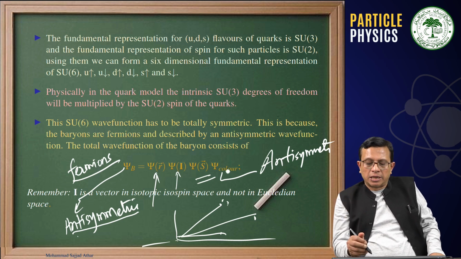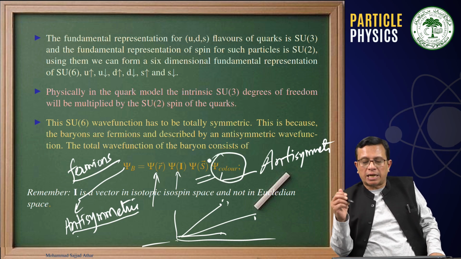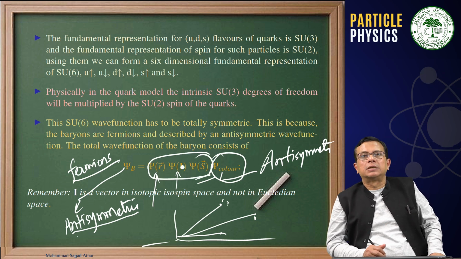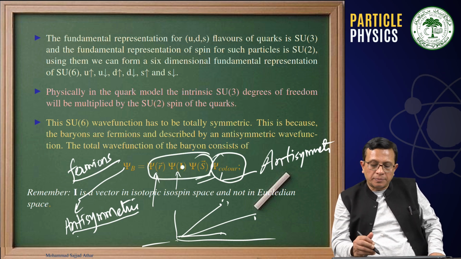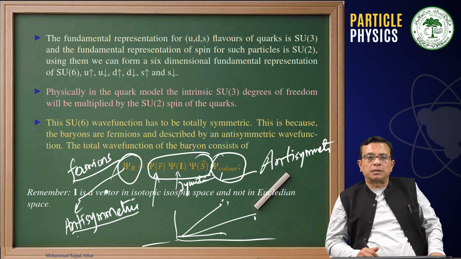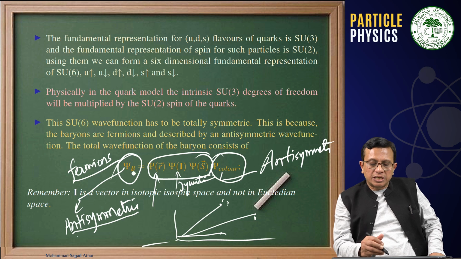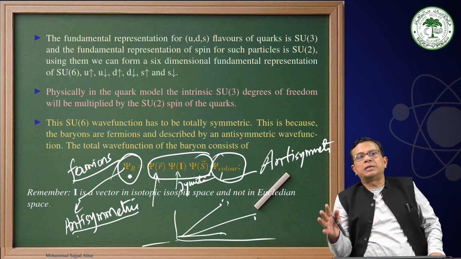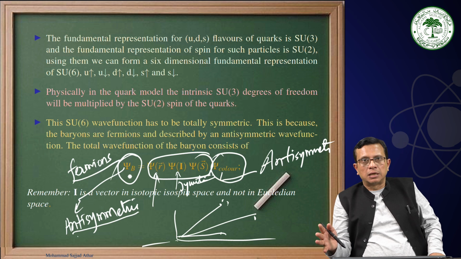Then we have color. Since this is by choice always antisymmetric, therefore these other parts have to be symmetric in nature to have this antisymmetry. The total has to be antisymmetric by the definition of Fermi-Dirac statistics.